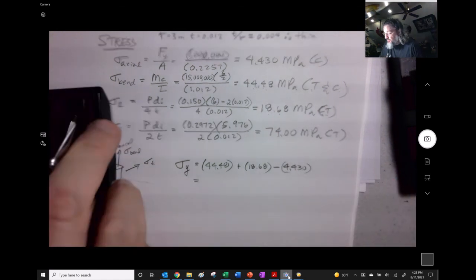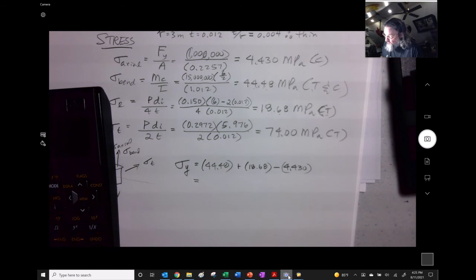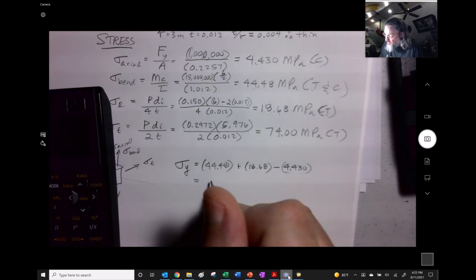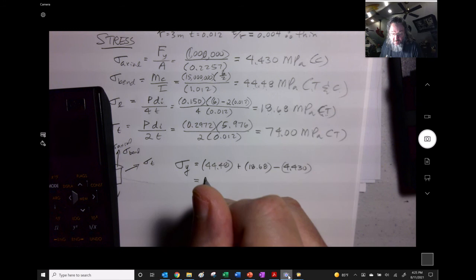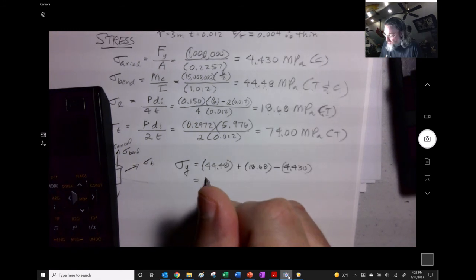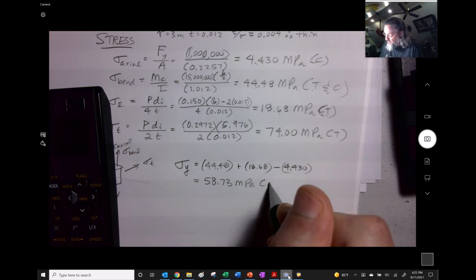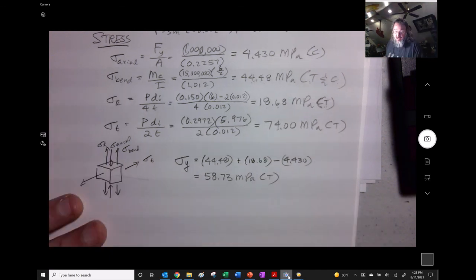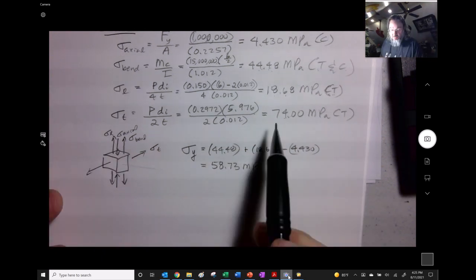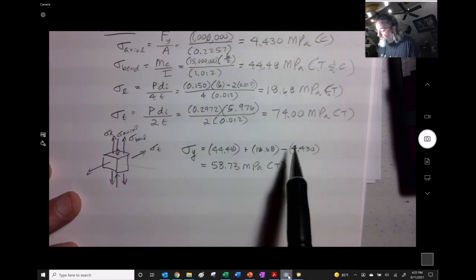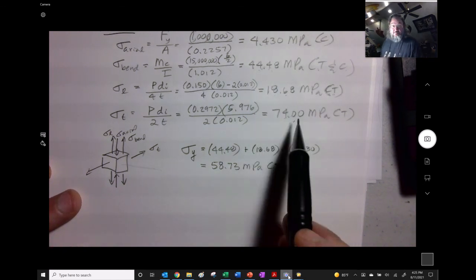So we end up getting 44.48, 18.68, and subtract out 4.43, and I get 58.73 megapascals tension, and we already had what this one was going to be, right?